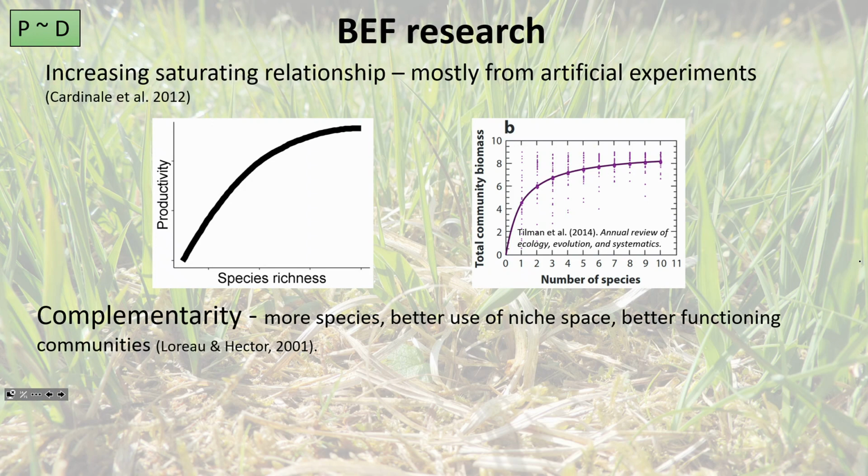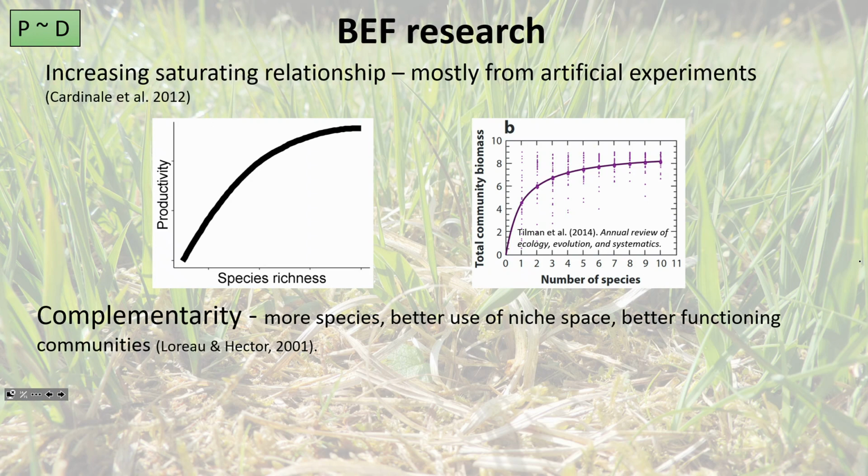This is typically explained by two mechanisms, two theories. One is the complementarity effect, which predicts that if you are adding more and more species into a community, each of these species can somehow utilize the resources, is somehow using the available niche space, and if you have more of them, then the total used niche space is also increasing, and therefore the function is also increasing.